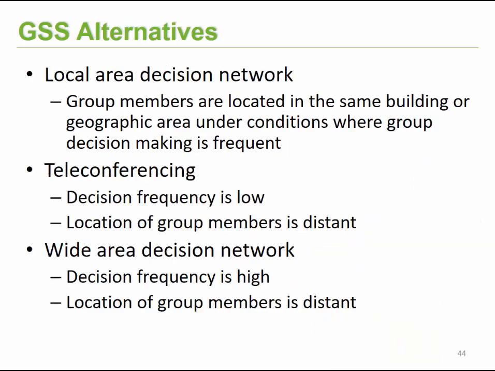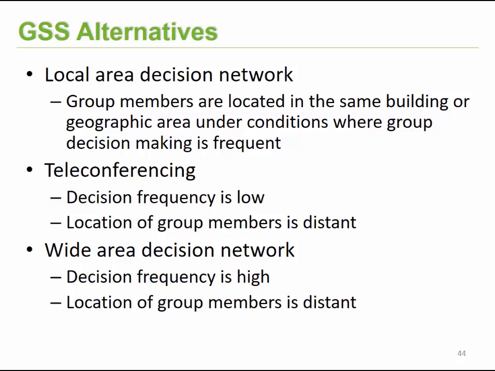Some of the other options that we have are local area decision networks, where people might be located in the same building or geographical area, and where group support decision making takes place frequently. Another option might be teleconferencing, where we have less frequent decisions and people are not closely together.